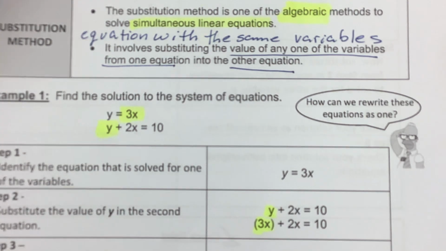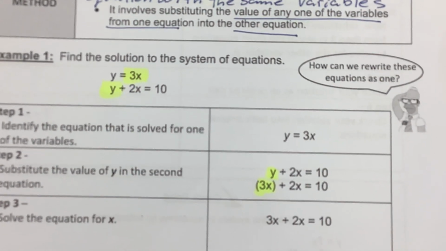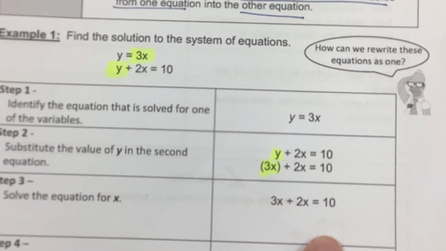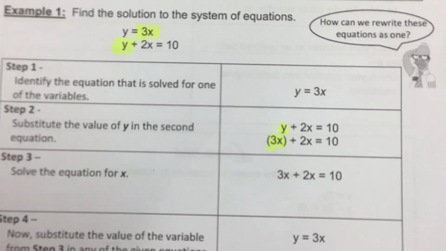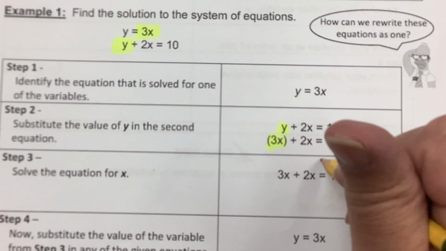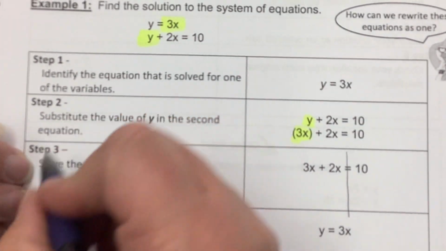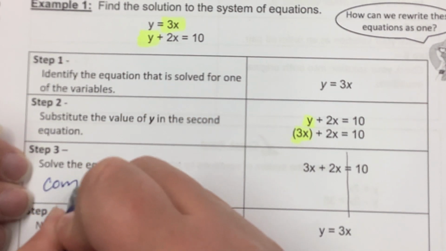Now, I usually only use parentheses when I'm going to substitute and there's a coefficient, but there's no coefficient here, so I don't need those parentheses, so I just took them right off. Now I do need to draw a line down my equal sign. Why did I do that? Because these are like terms. They both have x, and they're on the same side of the equal sign. So that means I can combine like terms.